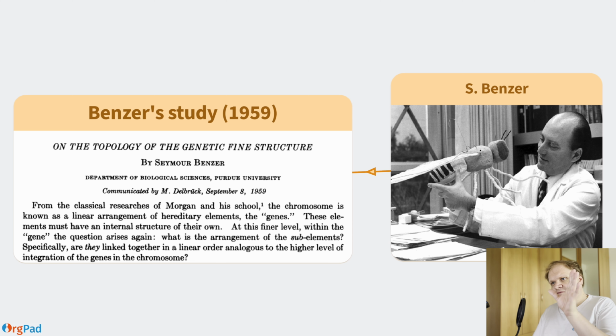This is a beautiful paper which studied the topological geometric structure of genetic information, how genes are stored, at a time when people didn't really know how this looked. Nowadays we can of course take a microscope and see everything. But in 1959 this was not yet known.